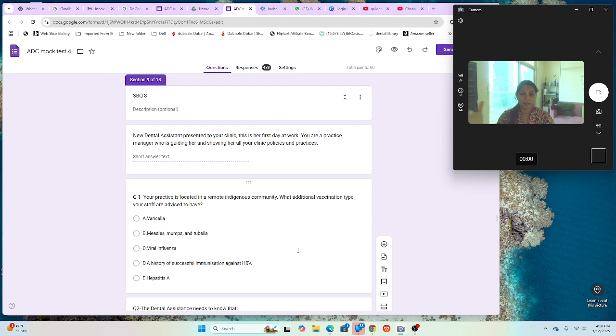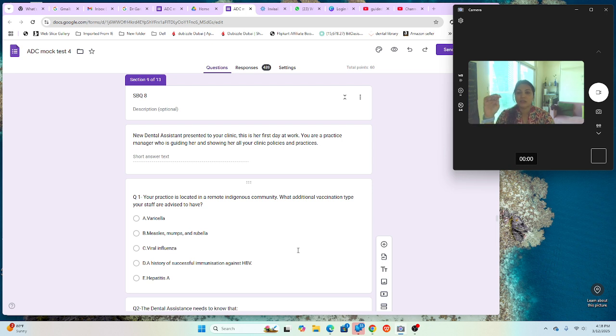If you have read much about the Australian dental exam, you would know that for the indigenous community we are required to give certain antibiotic prophylaxis. We need to be aware of certain cultural policies, and because it's a remote area, maybe some extra vaccination is needed, which you wouldn't need if you were in the city.